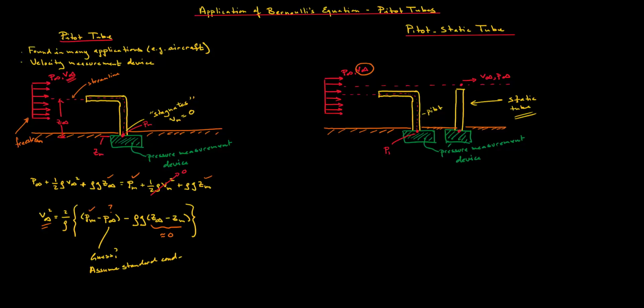And down here, we're going to call whatever pressure the second pressure measurement device measures P2. In this static tube, what we have is hydrostatic pressure. There is no dynamic pressure inside, so the pressure just increases with elevation there. So we have two pressure measurements now instead of just one.